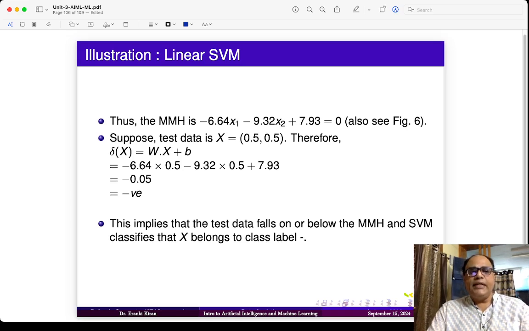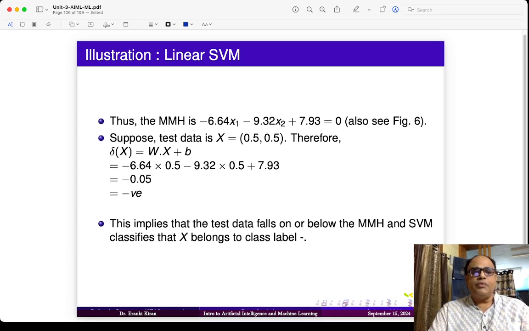Suppose the test data given to you is x equal to 0.5 and 0.5. If you substitute, we find w of x plus b: minus 6.64 into 0.5 minus 9.32 into 0.5 plus 7.93.